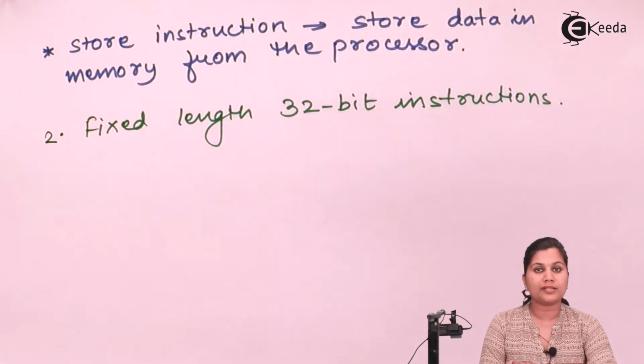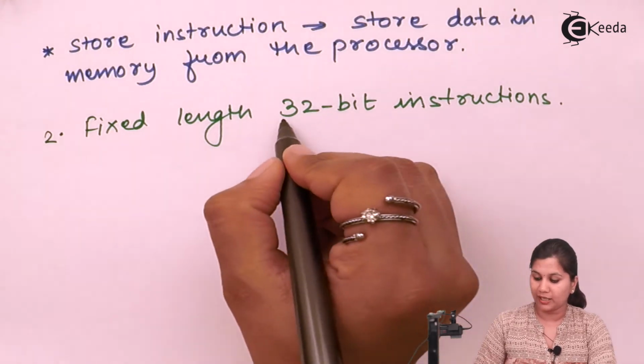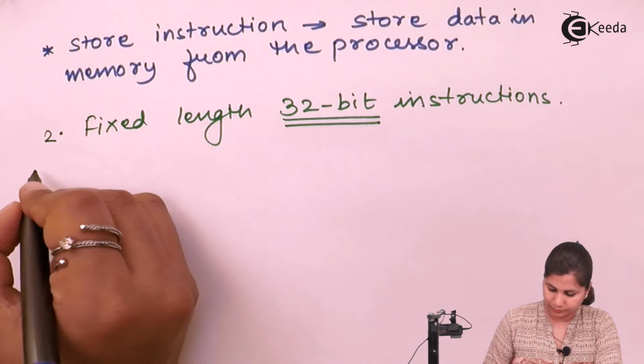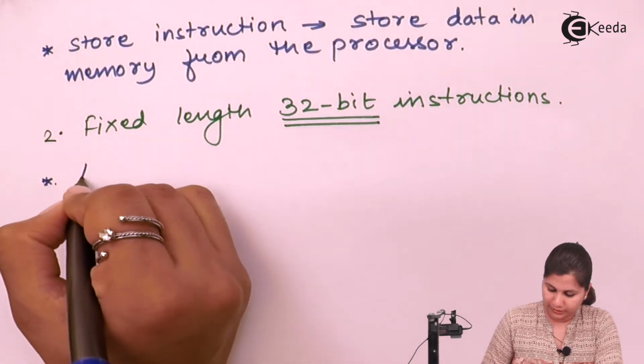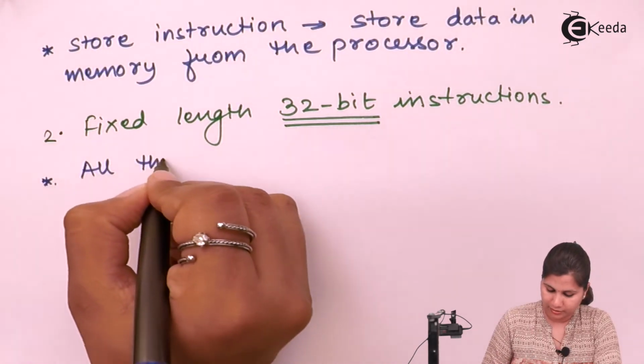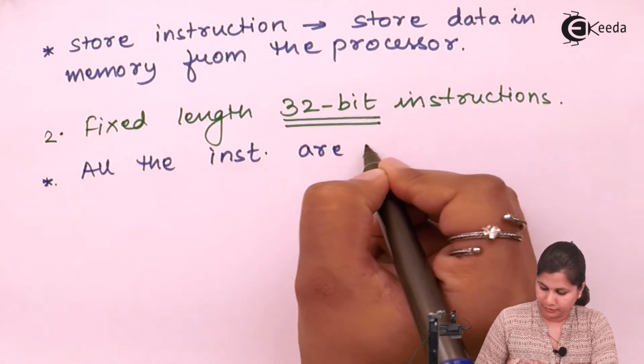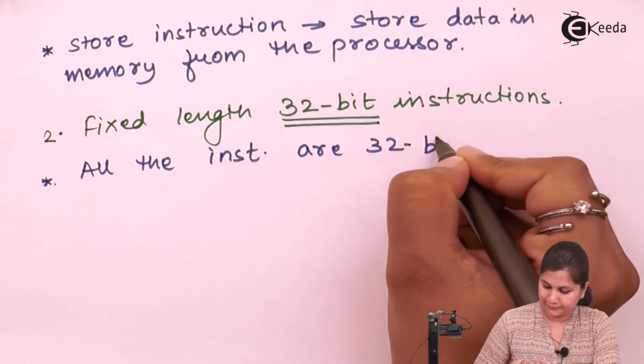So the instructions in the ARM processor, the length of those instructions is 32-bit. All the instructions are 32-bit in length.